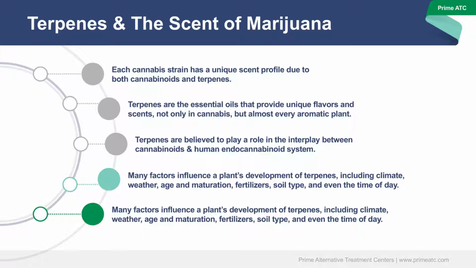Over the past several decades, hundreds of cannabis varieties have been bred to contain high levels of THC, but only recently have the other cannabinoids like CBD, CBC, and CBN begun to receive scrutiny. Cannabinoid researchers are now understanding that terpenes may help account for the unique effects induced by each cannabis strain.